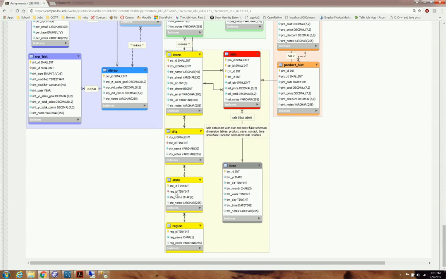So state will have the foreign key of the primary key in region. Likewise, city will have the foreign key of state ID in the parent table of state, and store will have the city ID foreign key from the city ID primary key in the city parent table. And sale, these all, 1, 2, 3, 4, your fact table contains foreign keys.